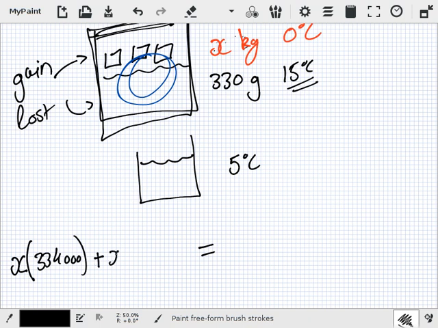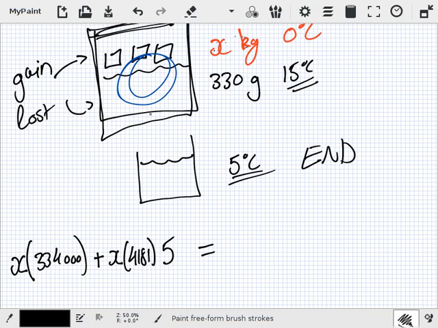So it's still x, then it's 4181. Now what's the delta theta? 5 is the only number left. Think about it. When the ice melts, it's at 0, and then after it melts it goes from 0 to 5 at the end.